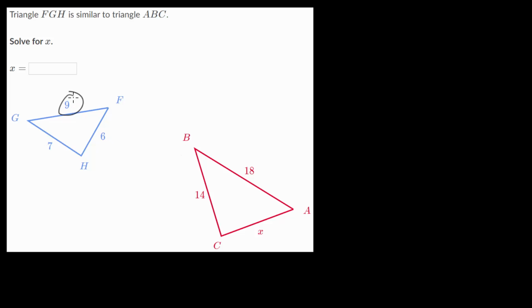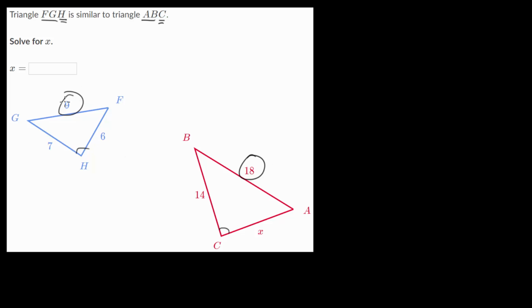Notice for the biggest side lengths, we know GF and BA correspond to each other because we have GF and BA here. The order in which the similarity is written matters. It tells us which side lengths actually correspond to each other, or which angles correspond to each other. So H and C would be equal angles.